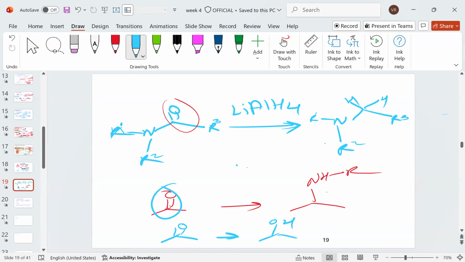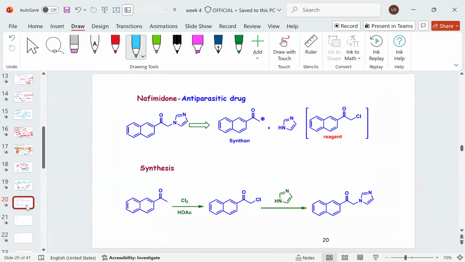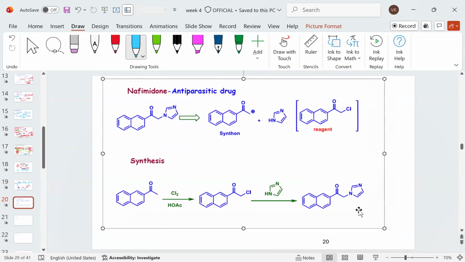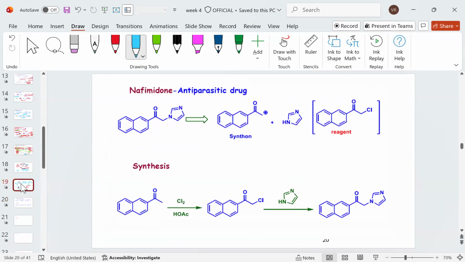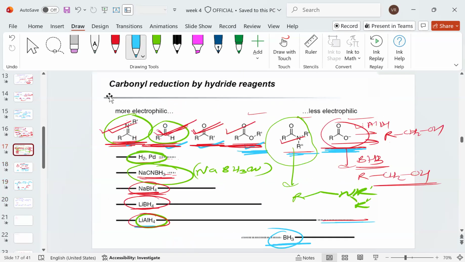It's just like a toolkit for your retrosynthesis, right? Any doubt up to here? We'll move to the next questions.